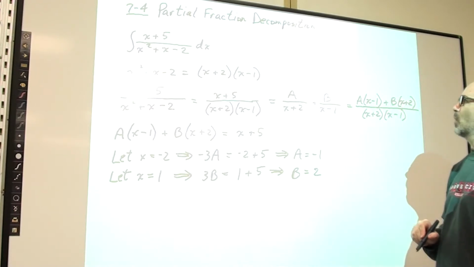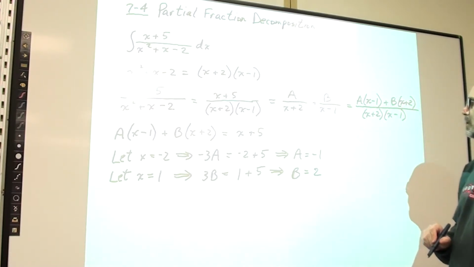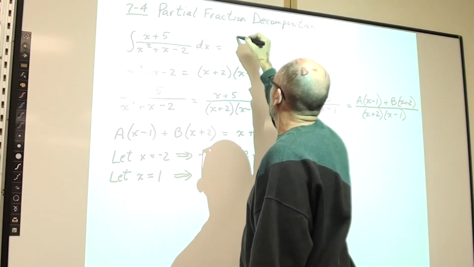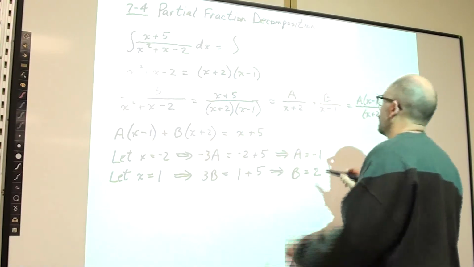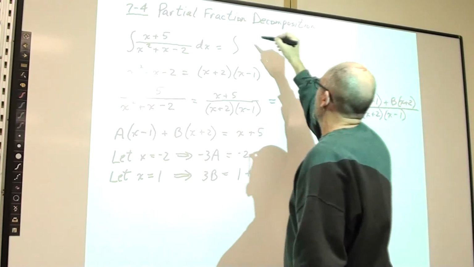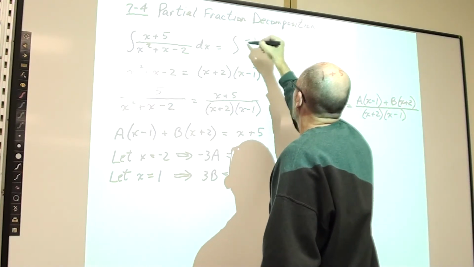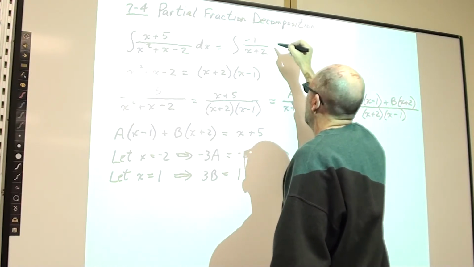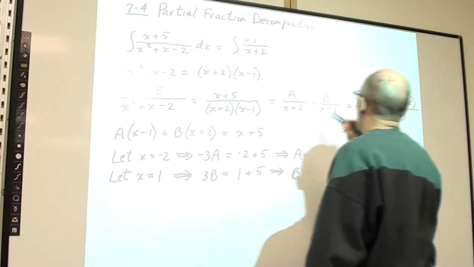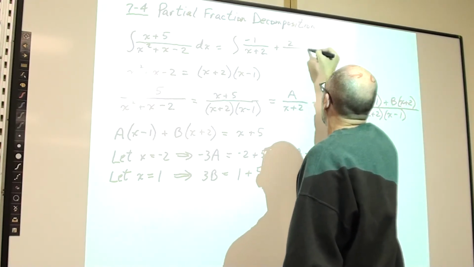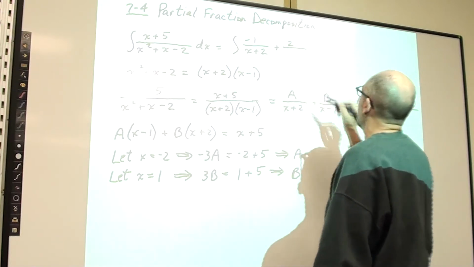Okay, so what that means is this whole integral is going to reduce to a over x plus 2. So that's negative 1 over x plus 2. And then plus b over x minus 1.